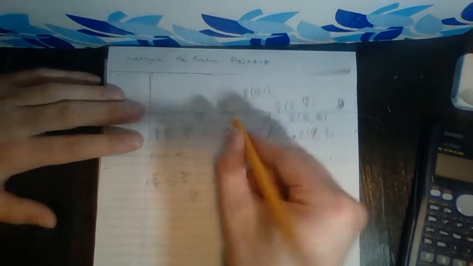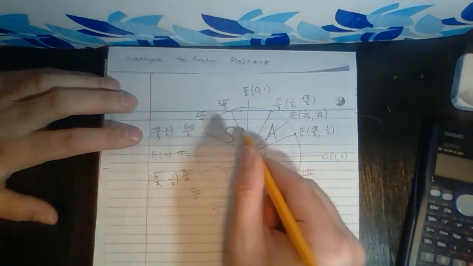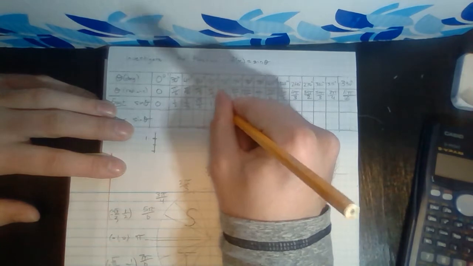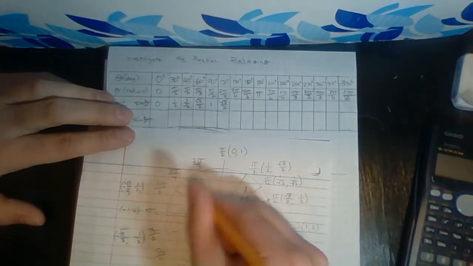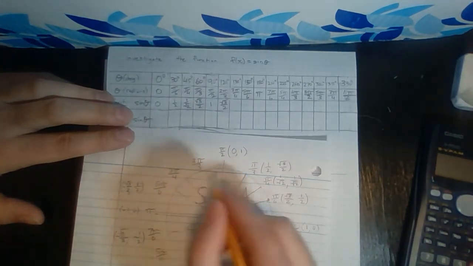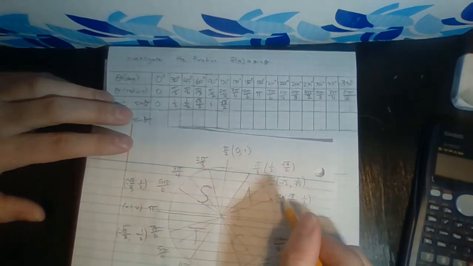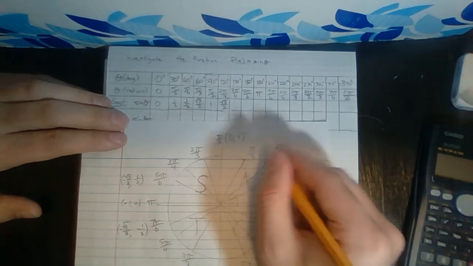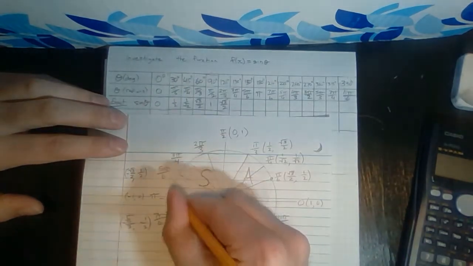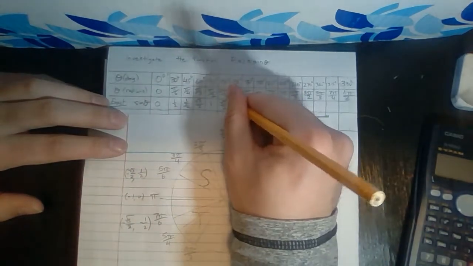Sine stayed positive because this quadrant is positive. So we work backwards. Root 3 over 2, because our reference angle is 60 degrees, or pi over 3. The reference angle here is pi over 4, so it's the same as here, 1 over root 2. And 1 over 2 back to 0.